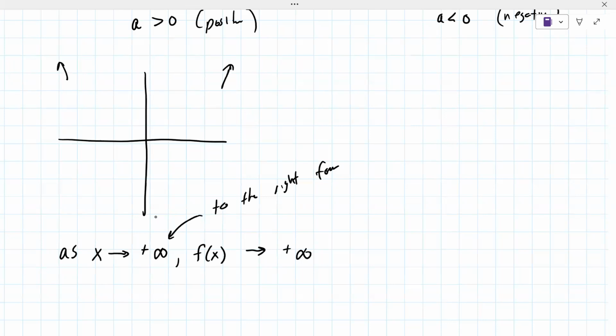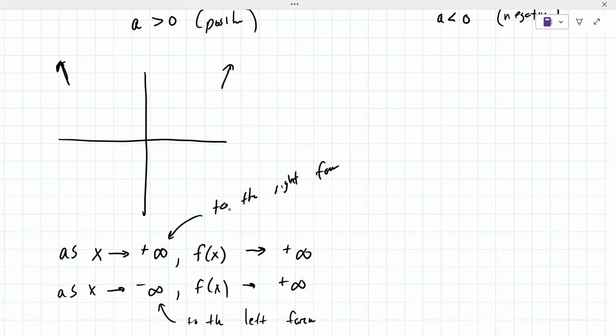That's this up here. Now as x goes to negative infinity, that's to the left forever, f of x goes to positive infinity. That's over here on the left.